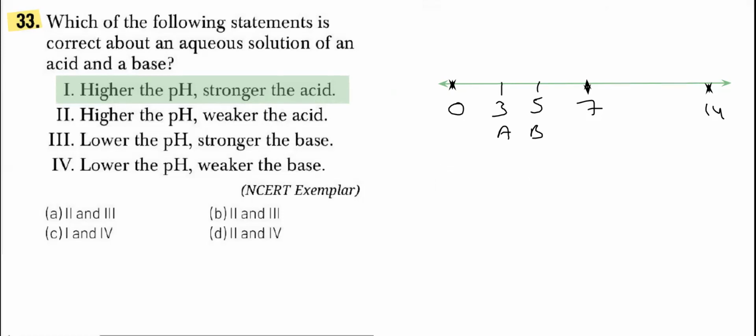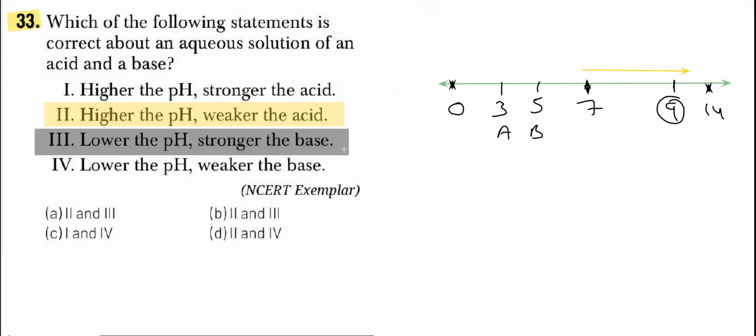The next one says that higher the pH, weaker the acid. That's correct. For example, if the pH of a substance is 9, its pH is more, but it is more basic in nature, or in another way, less acidic.